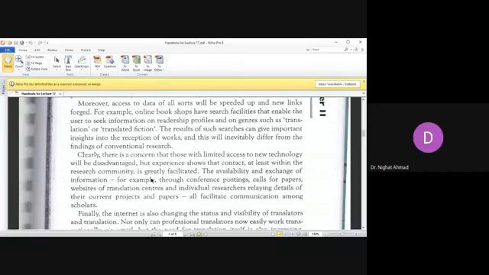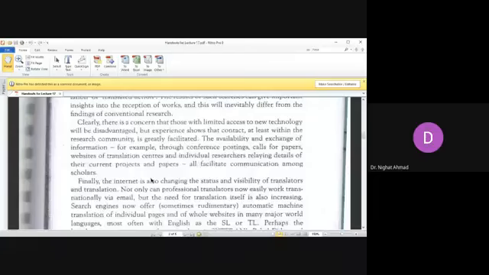So everything is facilitated, even getting to know about a conference being held in your domain of interest, or websites of translation centers. This is all sharing of information, which was not earlier possible. Individual research conducted in this field will also be available, and current projects being conducted. So everything would facilitate communication among scholars of translation studies.